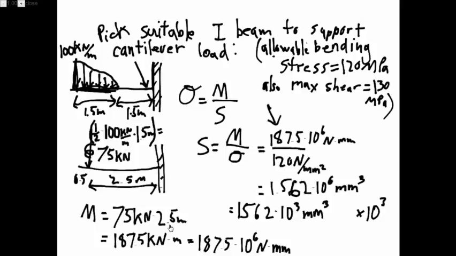So we're looking in the table for something with an S value of over 1,562. I scanned the W-type beams, and the closest thing, without going under 1,562, was all the way up at about 2,000. So that's substantially bigger than we need.